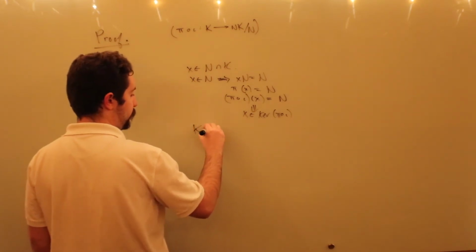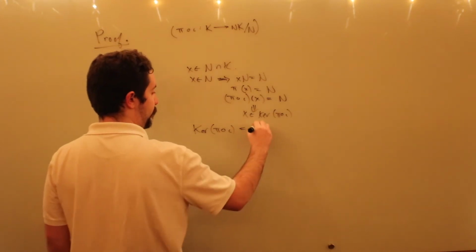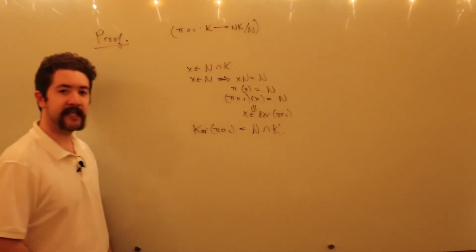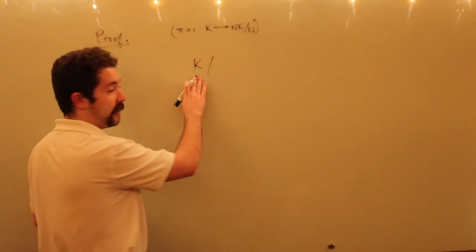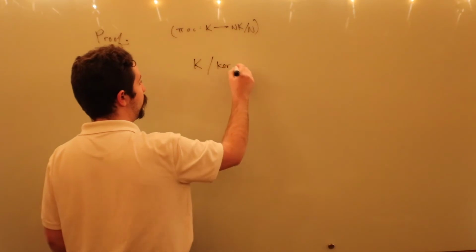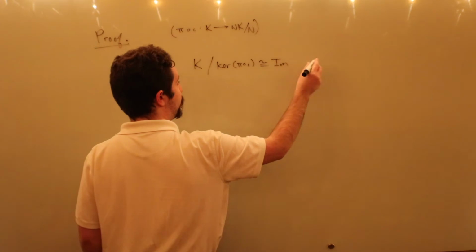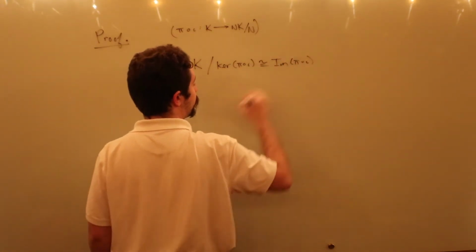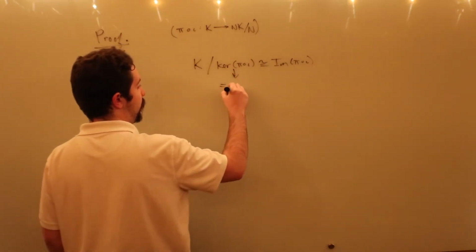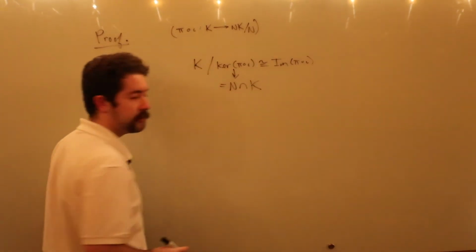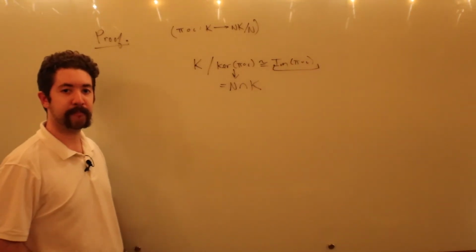That the kernel of pi composed with iota is equal to none other than N intersect K. Now, by the first isomorphism theorem, we have that K quotiented by the kernel of this composite map is going to be isomorphic to the image of the composite map, right? We just showed that the kernel is equal to N intersect K. So all that remains is to discover what the image of this map is.